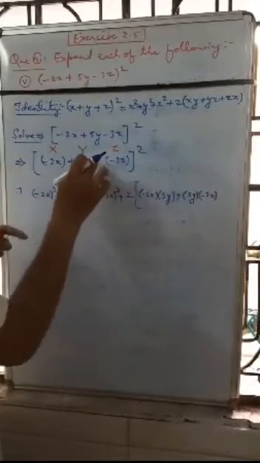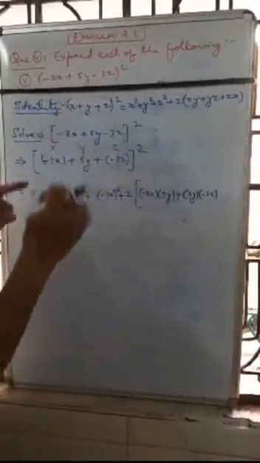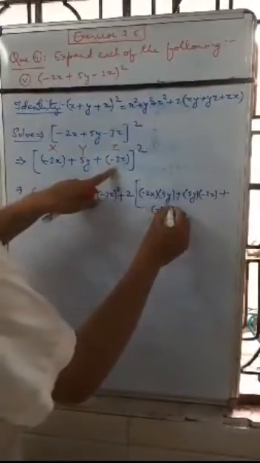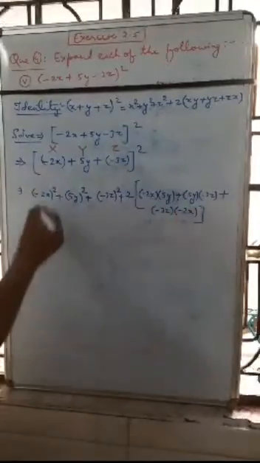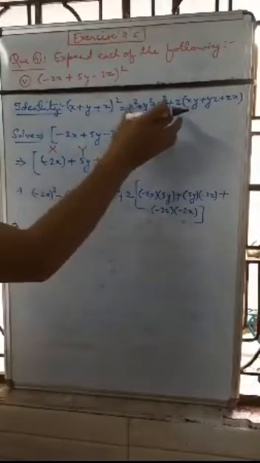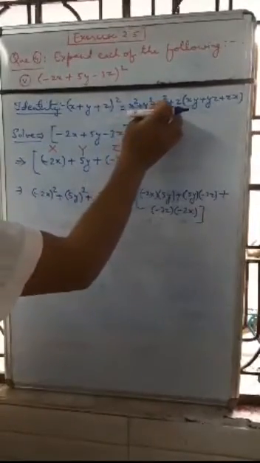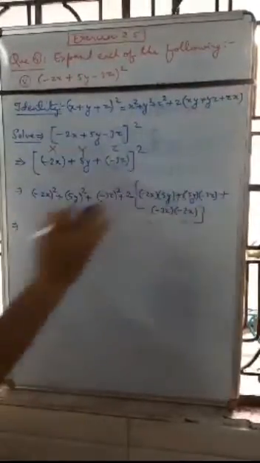Take with the sign, because we have to apply the formula only for addition, not for subtraction. So plus zx, so z is minus 3z and x is minus 2x, and bracket close. On the right hand side we are using x square plus y square plus z square plus 2xy plus yz plus zx. We have applied the formula.